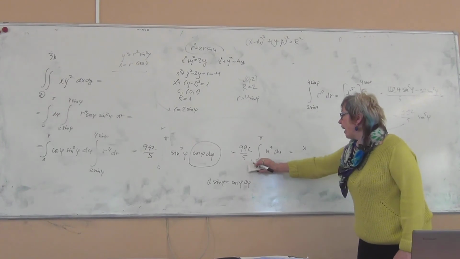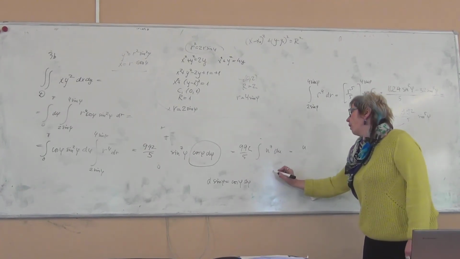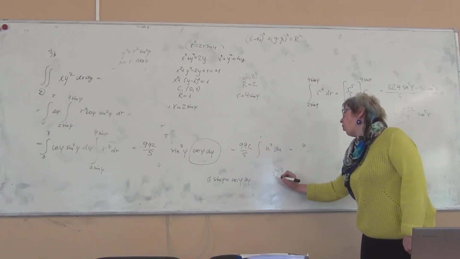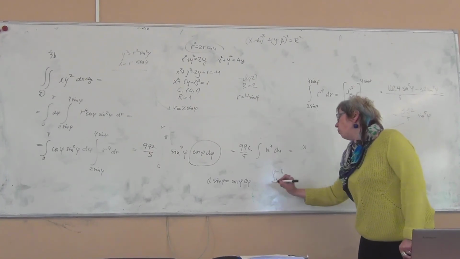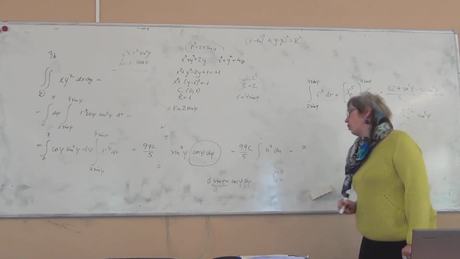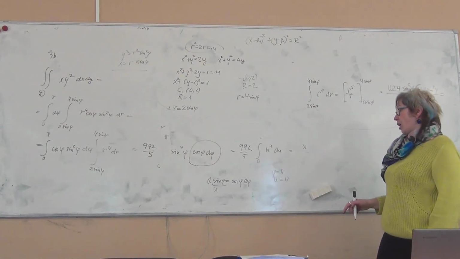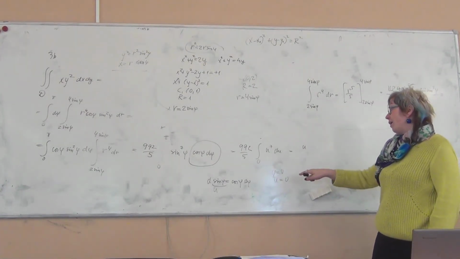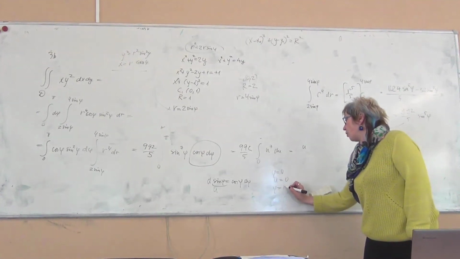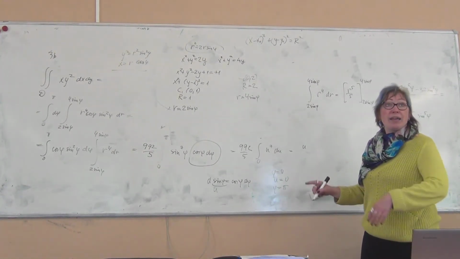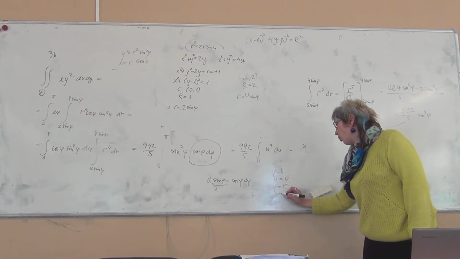Now actually I can change the boundaries. If phi is 0, then u, the sine function, is 0. And if phi is pi, sine of pi is also 0, then u is also 0.